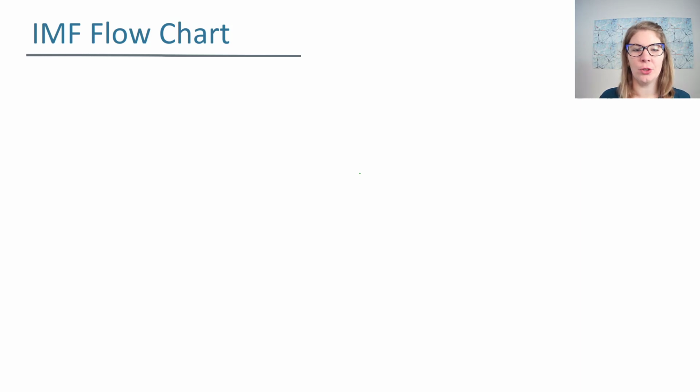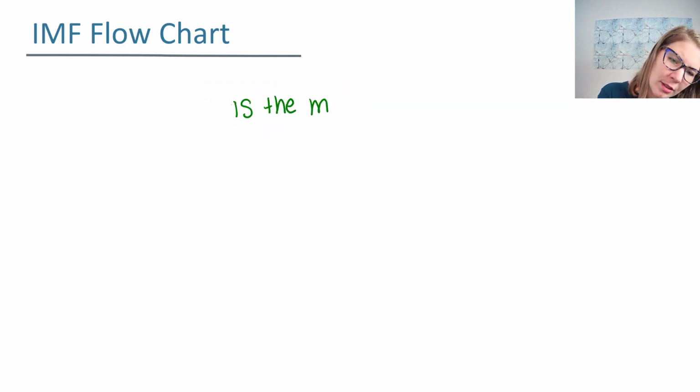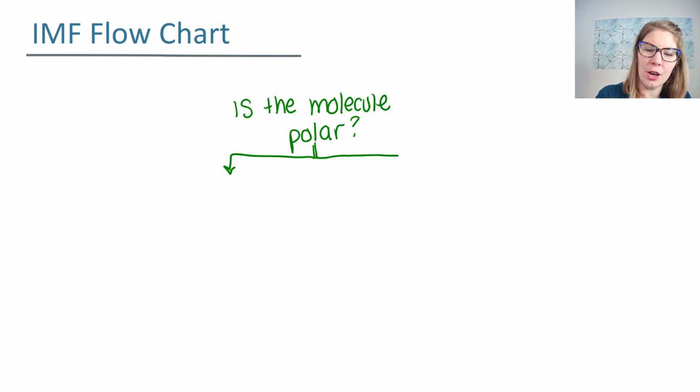So what I want to do is start our flow chart with asking ourselves a question. Is the molecule polar? So that's going to be the question that we start with. So yes will go one way, no will go the other way.